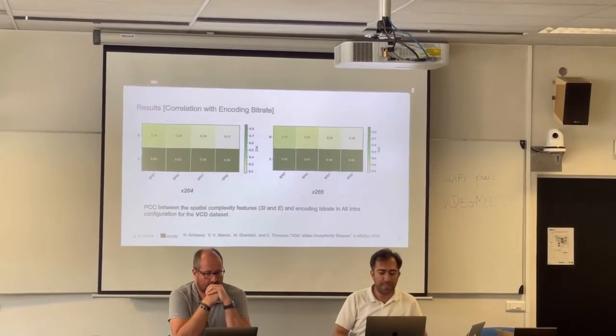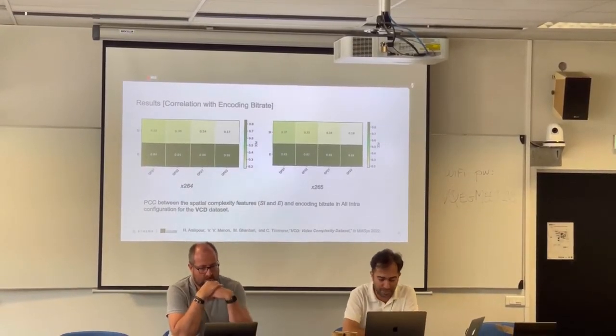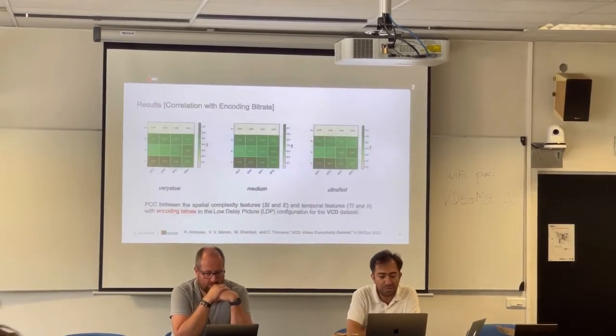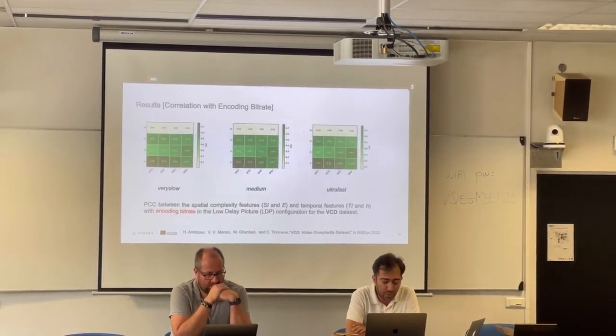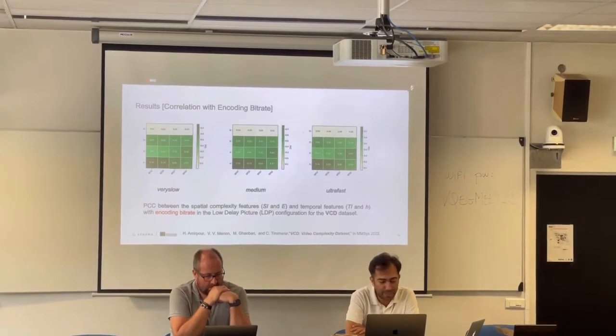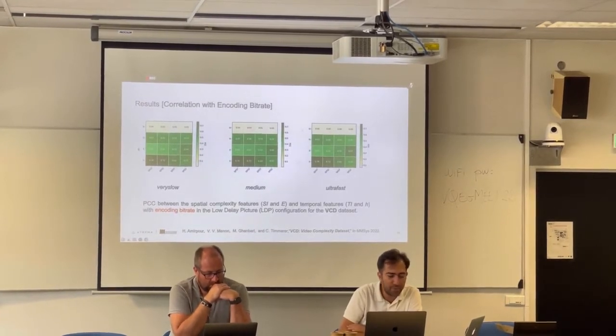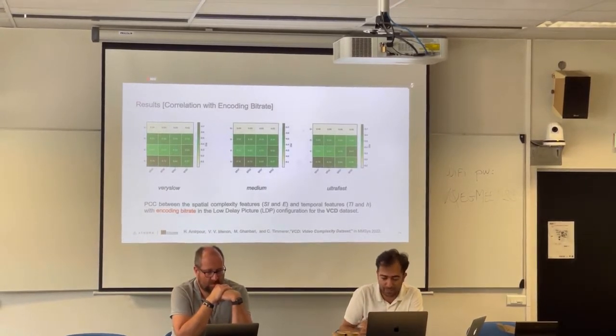So it seems that it can predict the spatial complexity of the video much better than SI. We also do inter coding using the low delay picture configuration of x265 with different presets, very slow, medium, and ultra fast, and still we can see that E performs better than SI, and in most cases H, or our temporal complexity feature, works better than TI.